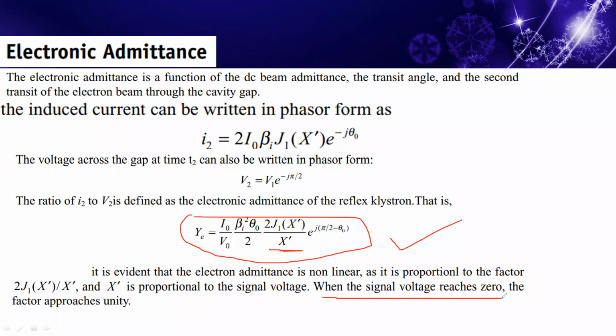When the signal voltage reaches 0, this factor approaches the unity value. This is the information required to evaluate the oscillations, and similarly to plot the rectangular plot for further analysis. Clear? Let me move to the next slide.